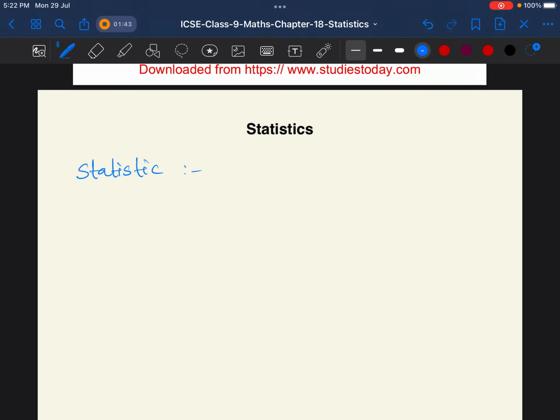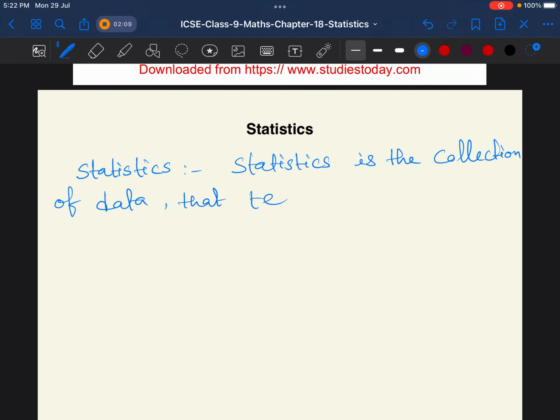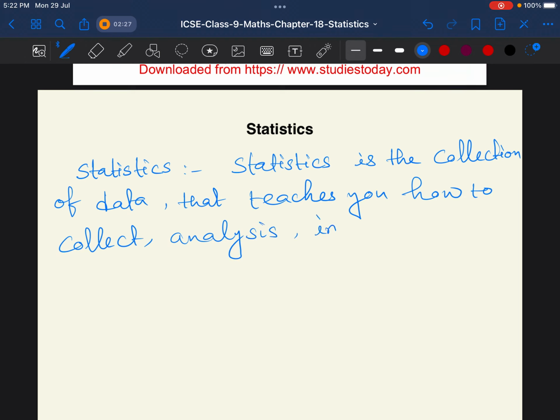Statistics is the collection of data that teaches you how to collect, analyse and interpret the data, and make decisions.